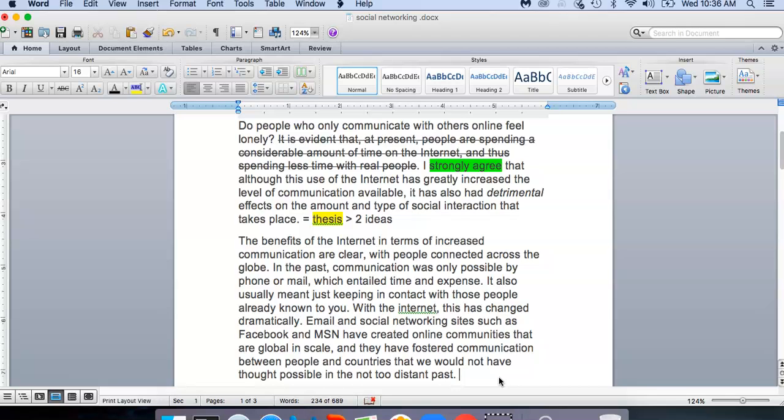So let's go back over here. So I think the person here started with the benefits, okay? So let's do different colors. They're talking about the benefits of the internet, but they're also going to talk about the negative effects, okay?